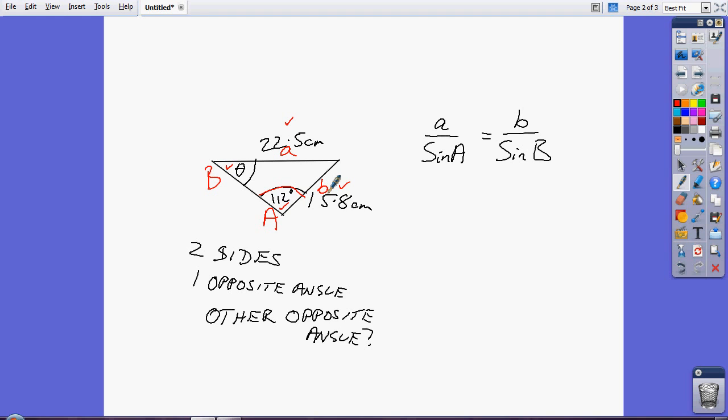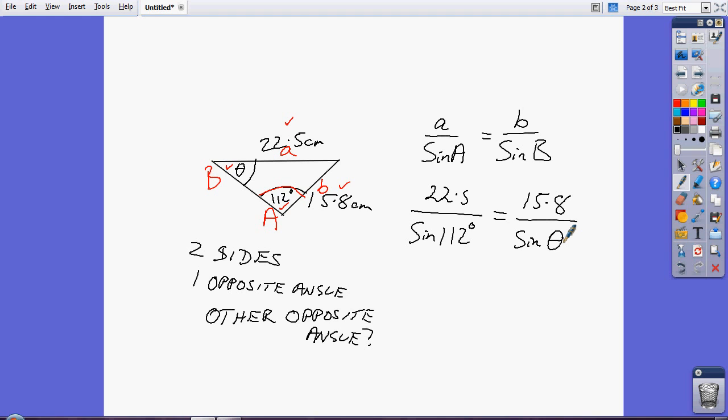So let's fill in some of those details in our equation. 22.5 over sine of A, which is 112 degrees, put that one straight in, equals 15.8 centimetres, which is side b, over sine theta, the unknown angle.